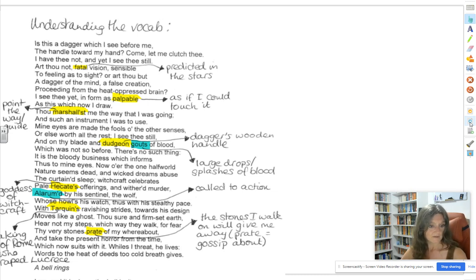Thou sure and firm-set earth, hear not my steps, which way they walk, for fear thy very stones prate of my whereabout, and take the present horror from the time, which now suits with it. Whiles I threat, he lives. Words to the heat of deeds too cold breath gives. A bell rings.